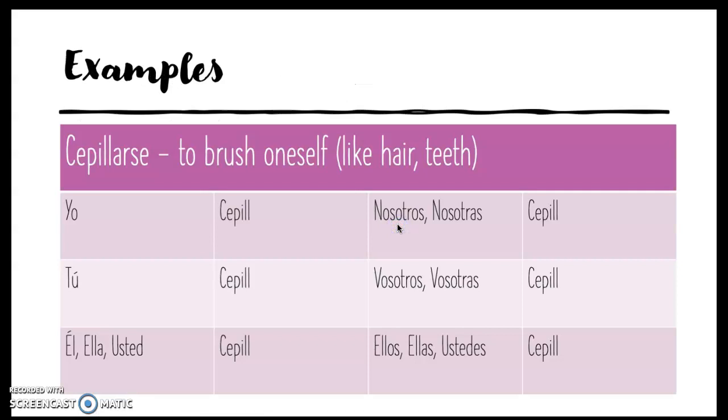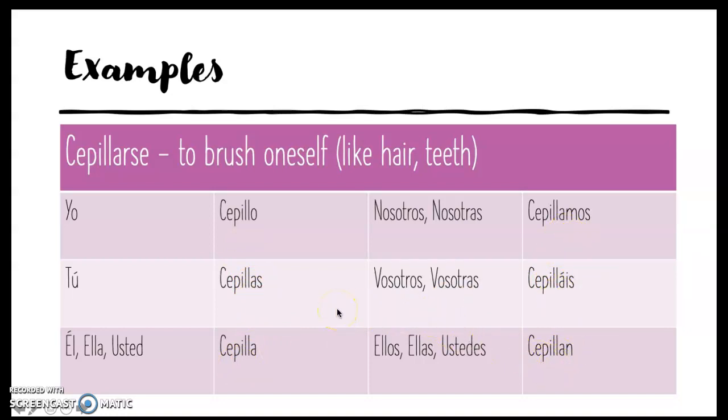Our first example is a regular reflexive verb, cepillarse, to brush oneself, such as your hair or your teeth. We took away arse, so we have our stem, cepilla. We added the regular ar endings, cepillo, cepillas, cepilla, cepillamos, cepilláis, cepillan.